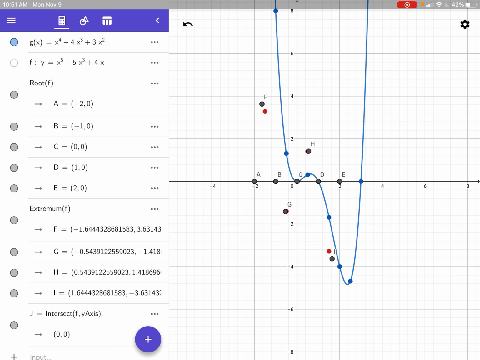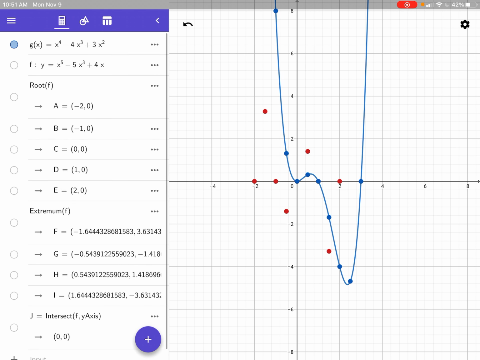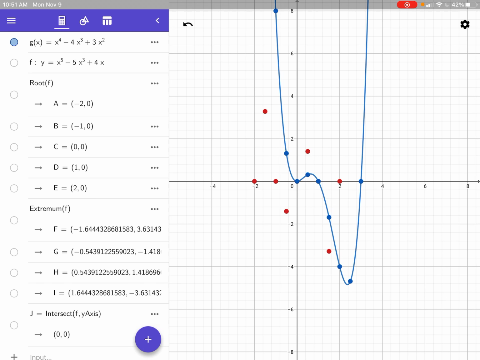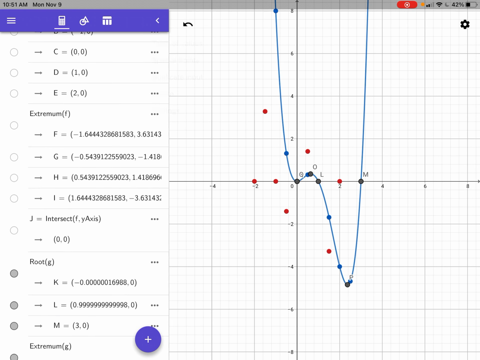Oh, it's still showing some of this other stuff. I don't know if there's a quick way to not show anything, but anyways, I can hide all that. It still looks like some things are showing up. That's all right. Also, I could pull up the special points here.